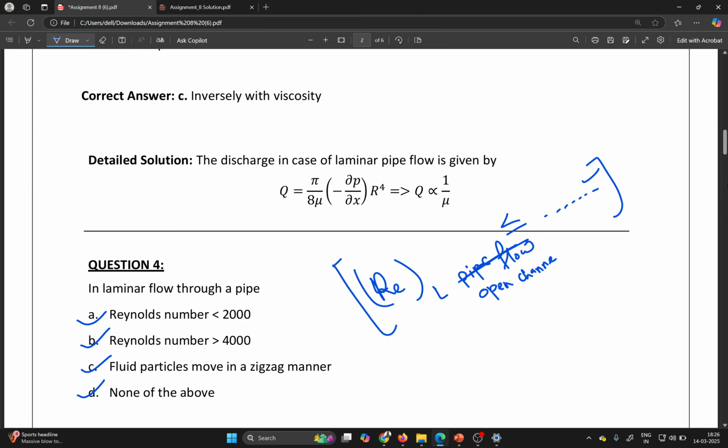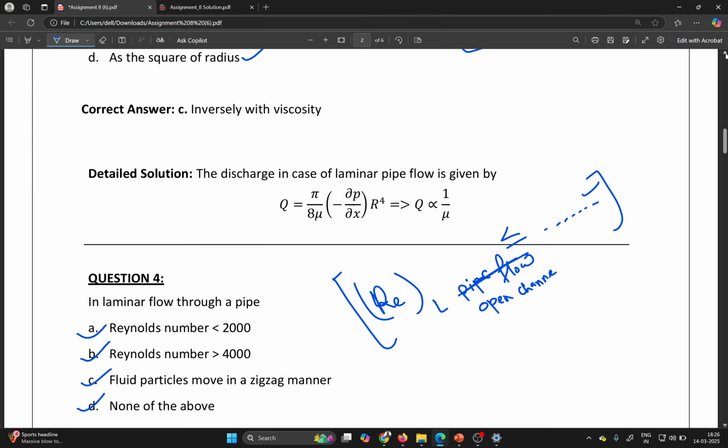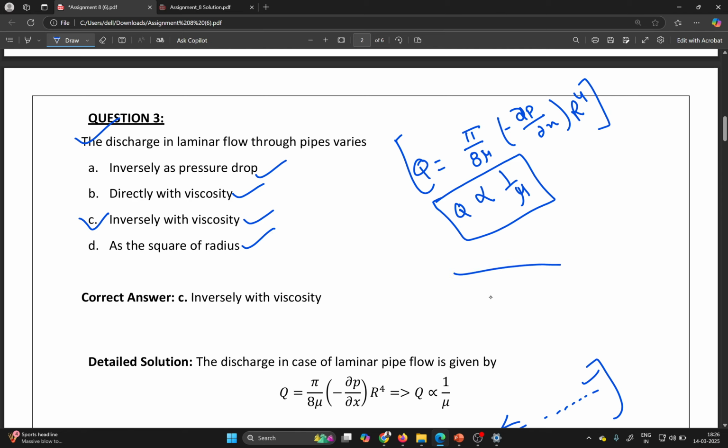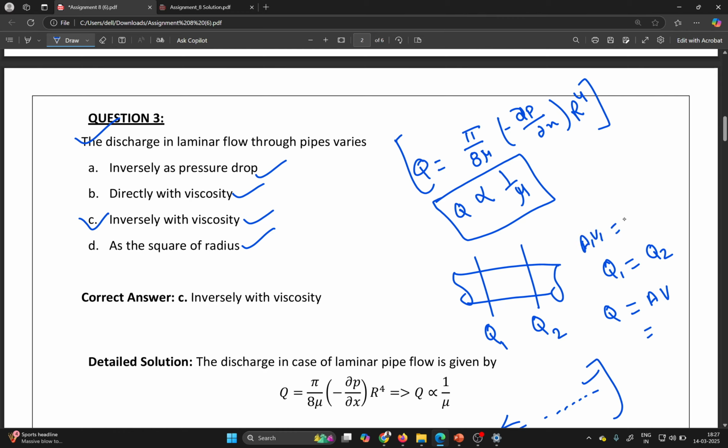Yes. You can write the formula Q equal to, if this is a pipe with section 1 and section 2, Q1 and Q2 will be equal, Q1 is equal to Q2, and you can write Q is equal to AV, or here A1 V1.